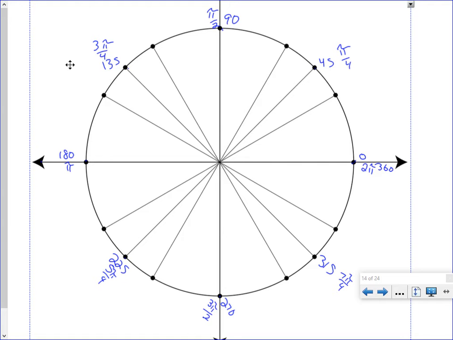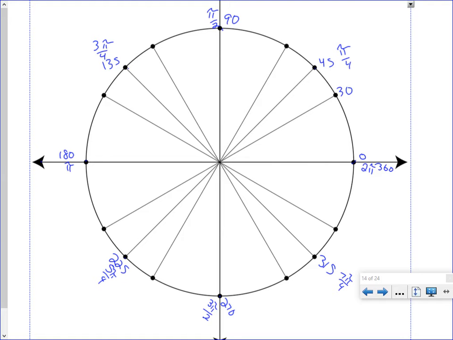Now, after we did that, we also talked about the relationship between 90 degrees and 30 degrees. 30 degrees is how much of 90 degrees? 1/3. Okay. So if we go to our 30 degree line, here's our 30.